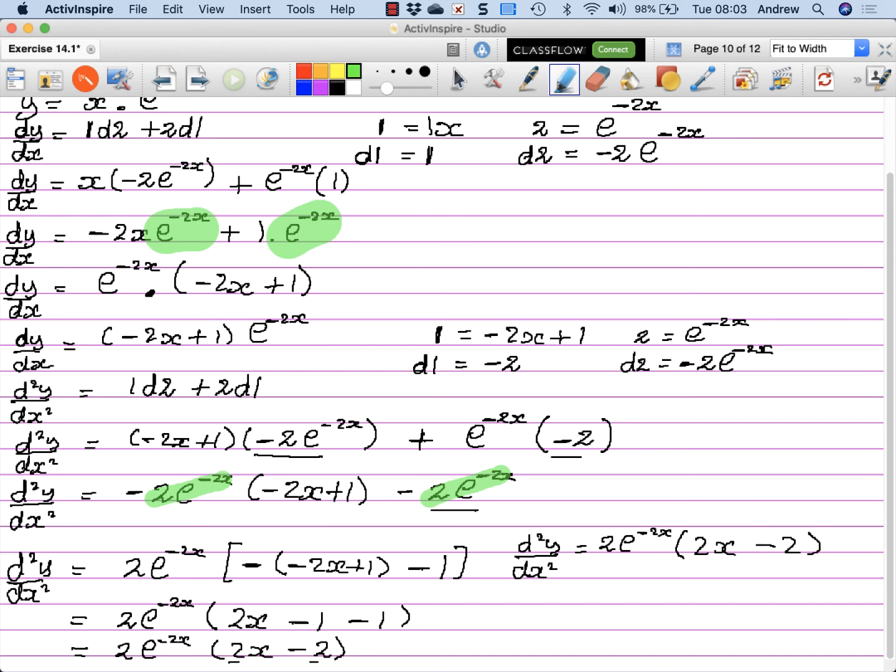And what I'm going to do is factorize out the 2 and bring it to the front. So when I bring the 2 to the front, 2 on 2 becomes 4. So this becomes 4 on e to the minus 2x. And when I take the 2 out from the x, I'm left with x. And when I take the 2 out from the 2, I'm just left with 1.